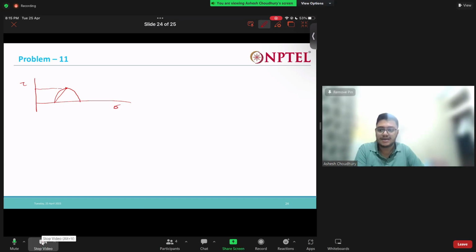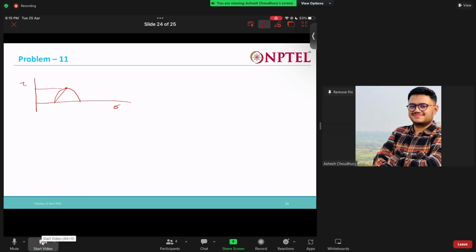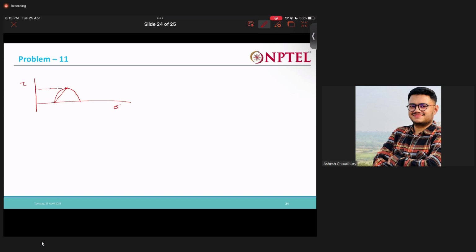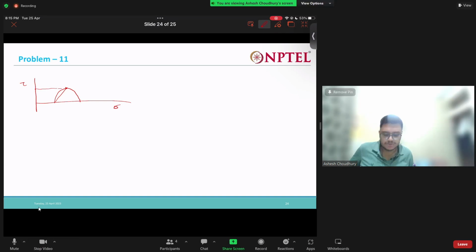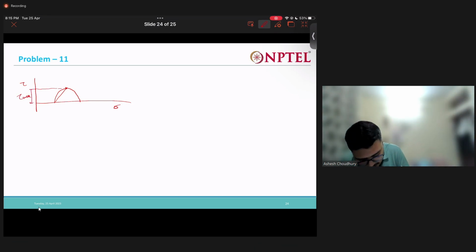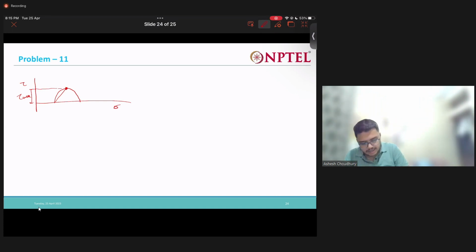We need to find the angle. So this is my point x, right? This is the circle, this is the diameter, and if this is the center, this is my radius, right?